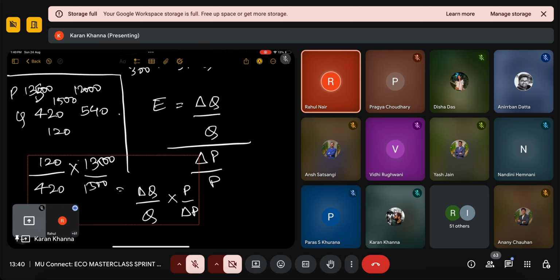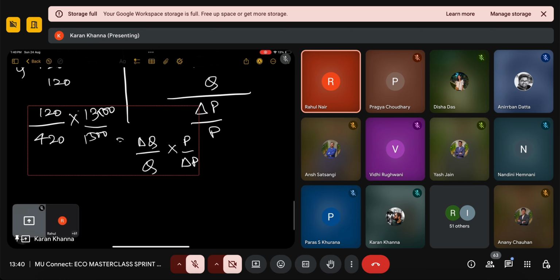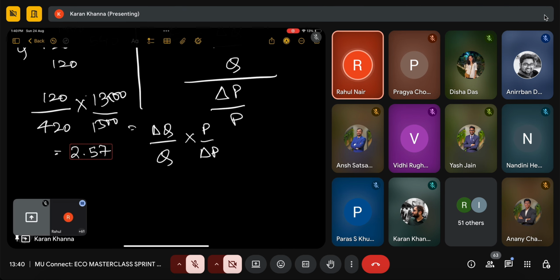So if we calculate this, it is 2.57. So everyone tell me, 2.57, is that an elastic demand or an inelastic demand?